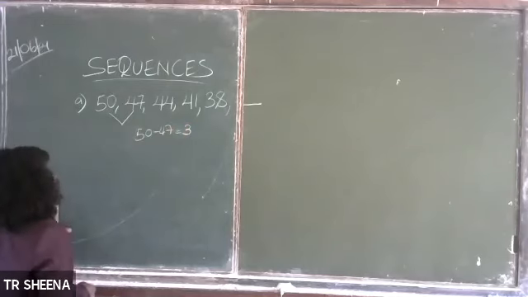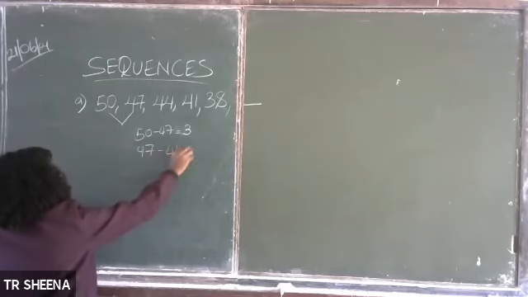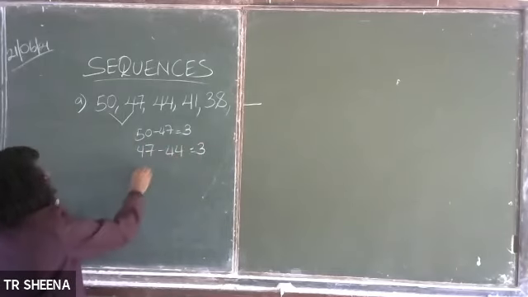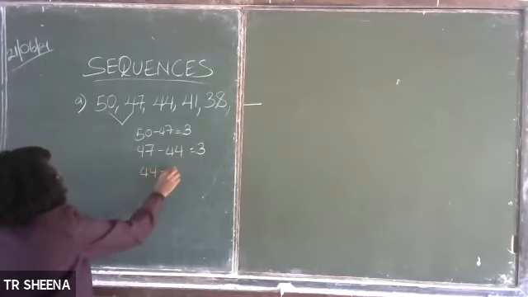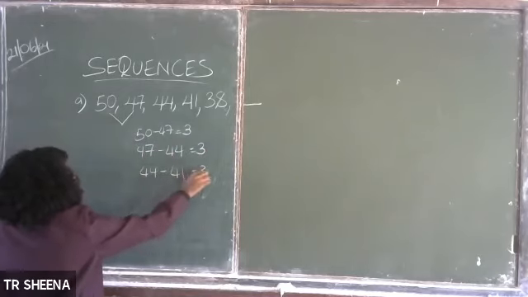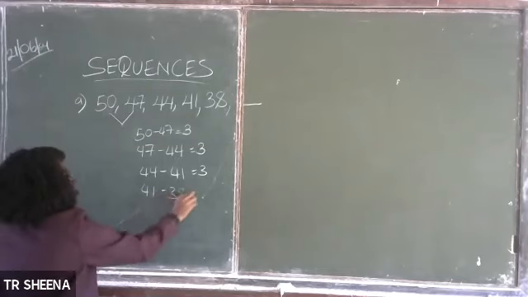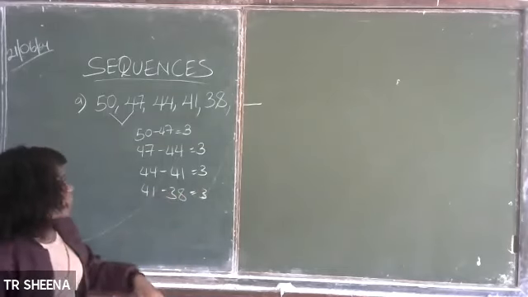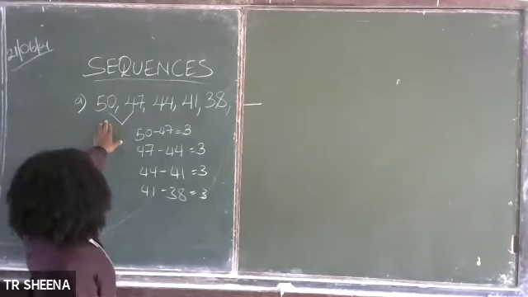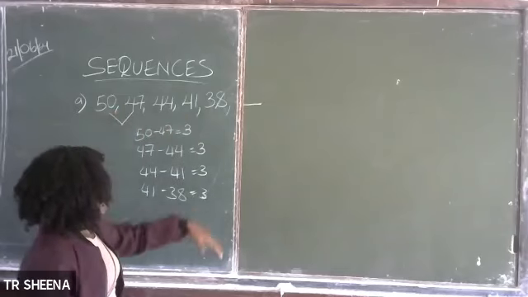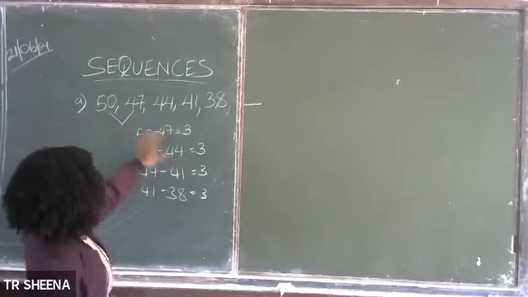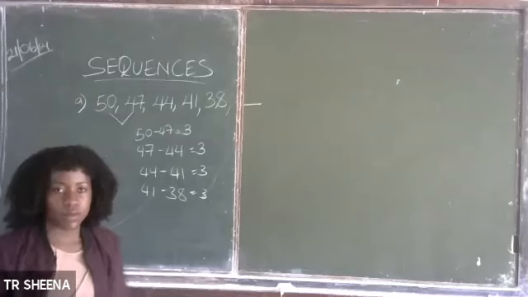Then I got 47 minus 44, and got 3. Then I got 44 minus 41, then I got 3. Then 41 minus 38, and again I got 3. So I just knew that whenever you subtract each pair, you have minus 3 as its pattern.